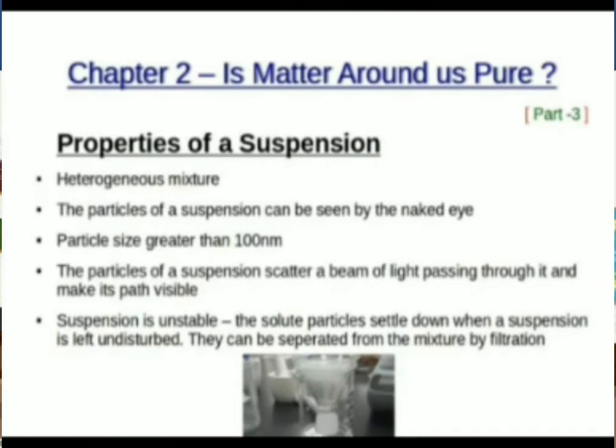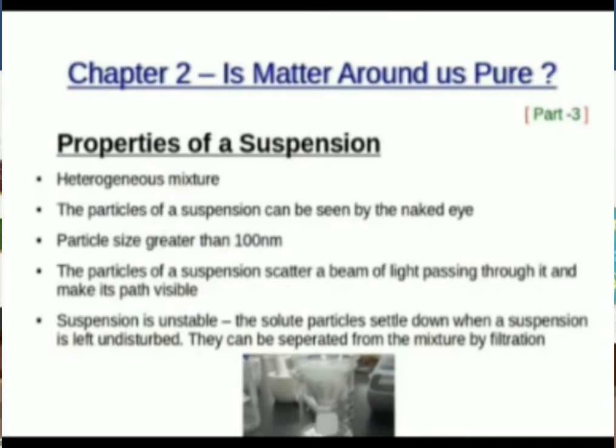There are so many particles in the mixture. Then the particle size will be greater than 100 nanometer.